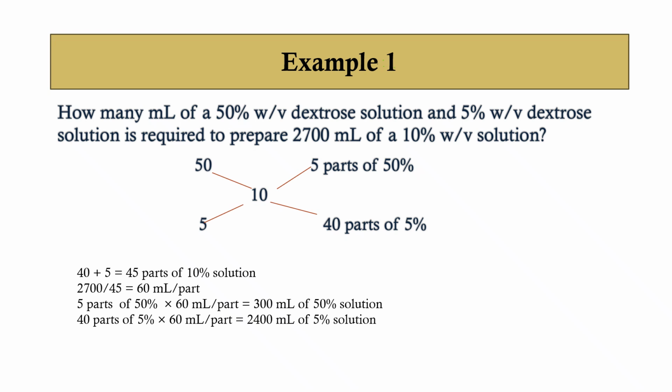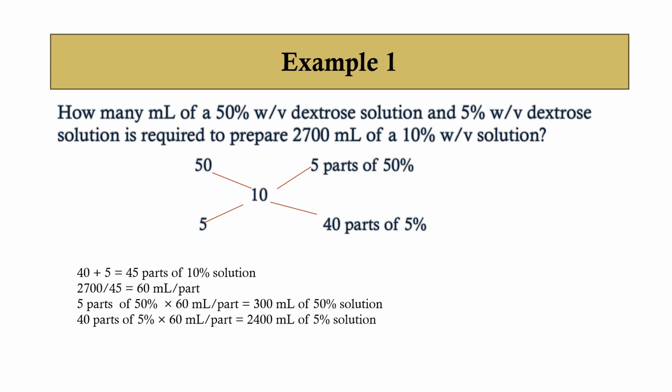Now you're going to subtract. So 50 minus 10, that's 40. 10 minus 5, that's 5. Now the 5 is 5 parts of the 50% solution. The 40 is 40 parts of the 5% solution.